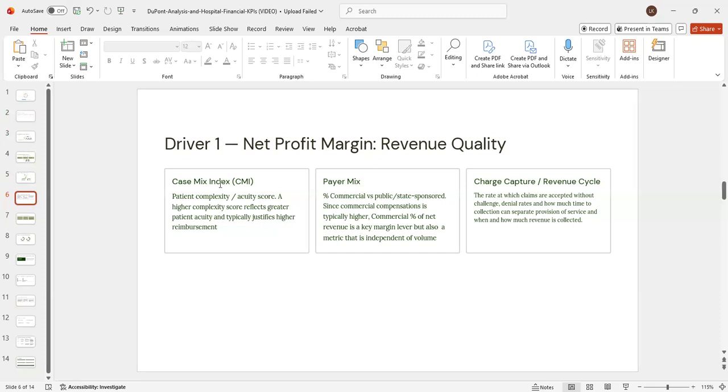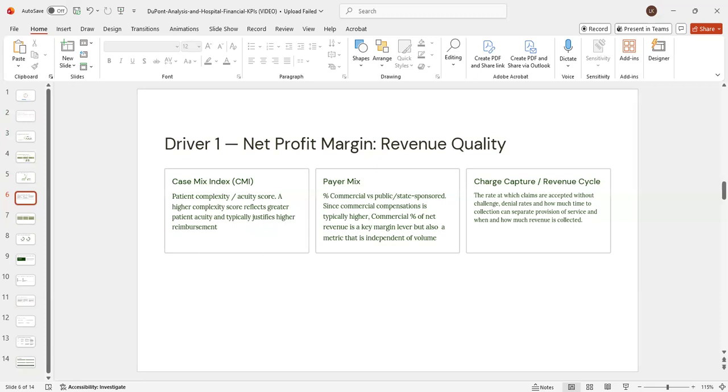Now when I say index, I'm not talking about a particular index that I have in mind. All I'm trying to think of here is some sort of score that captures the patient complexity and the equity of the kinds of cases you treat. A higher complexity score would reflect a higher severity of illness.